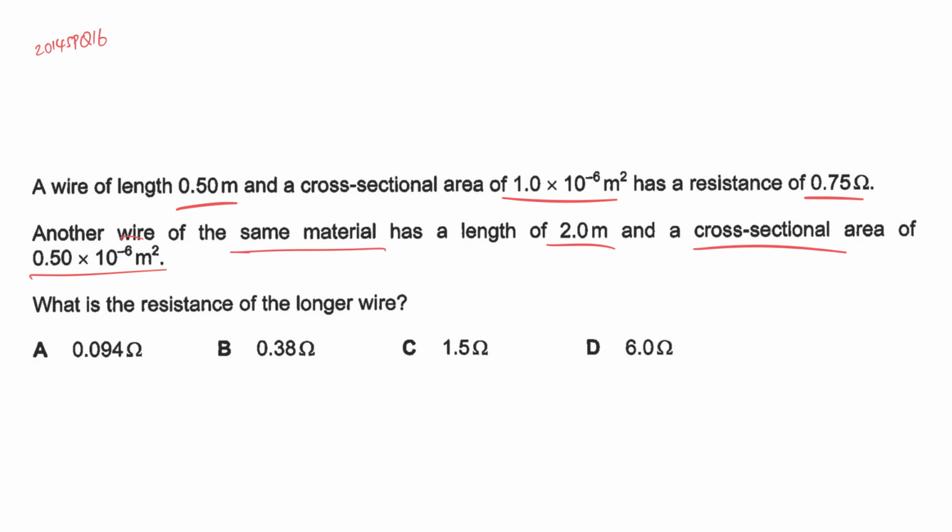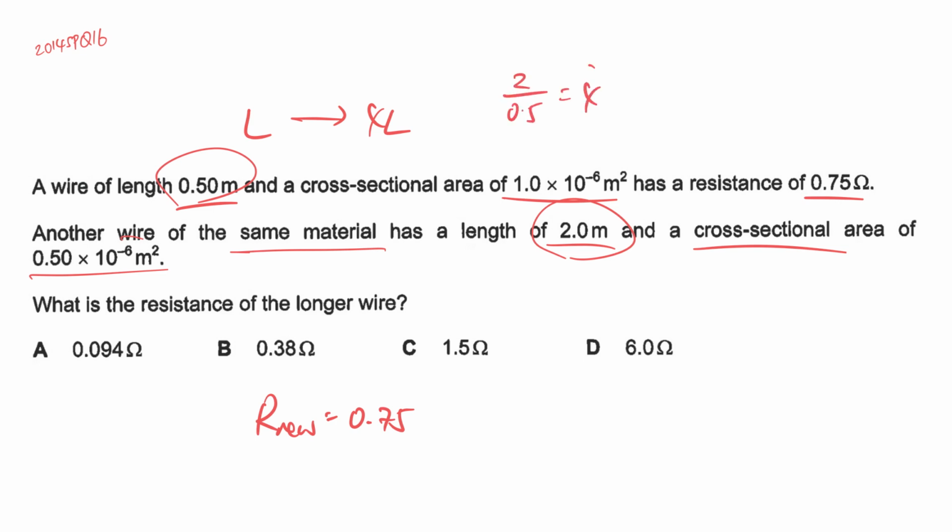So let's start with the new wire, and then let's use the original resistance 0.75. Let's consider the length. From 0.5 to 2 meters, it increases by 4 times. Or you take 2 divided by 0.5, that's an increase by 4 times. So the resistance will definitely increase, by 4 times.